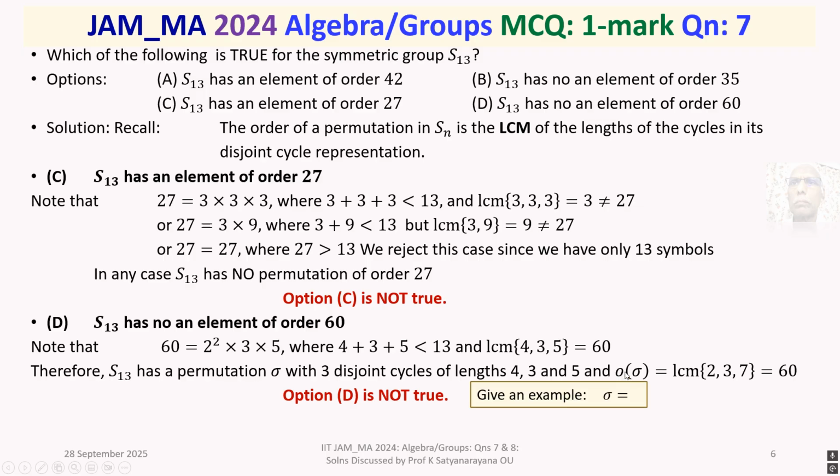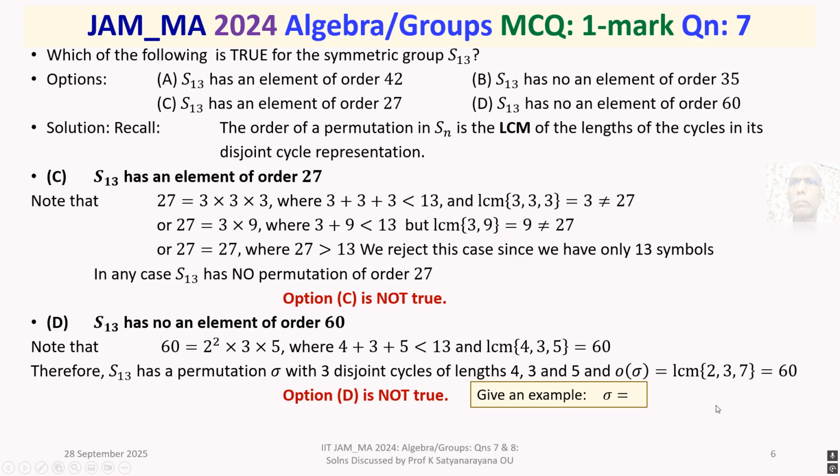I am sorry, the order of sigma is LCM of 435. It is not 237. It is 435. It is cut and paste we have done, and there is a mistake that has erupted. So this is true. Keep this here. Cut here. So copy here and paste here.